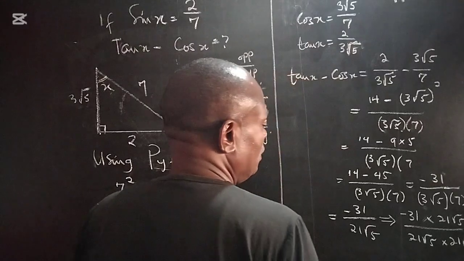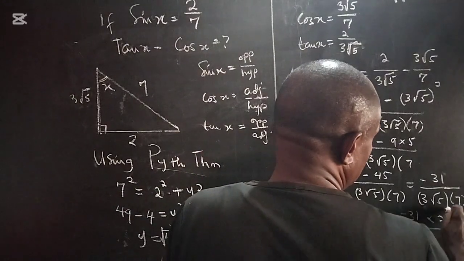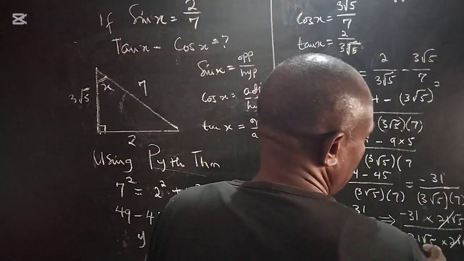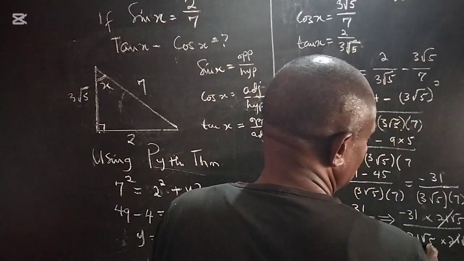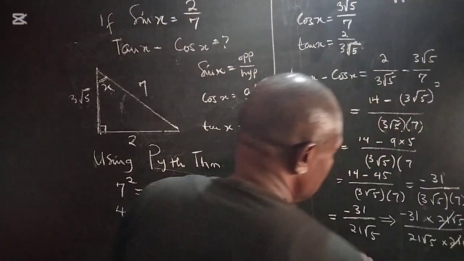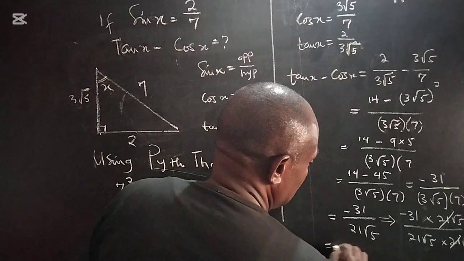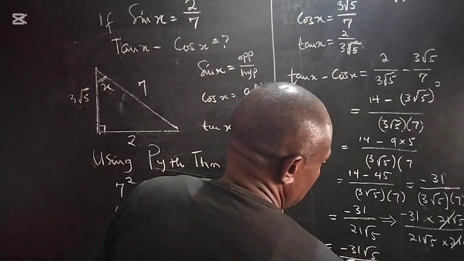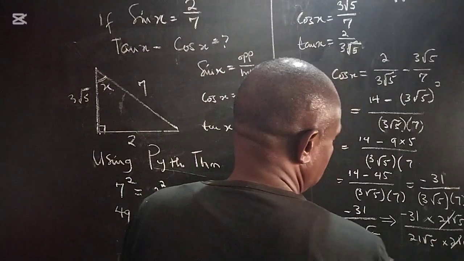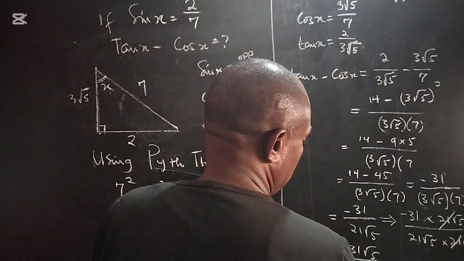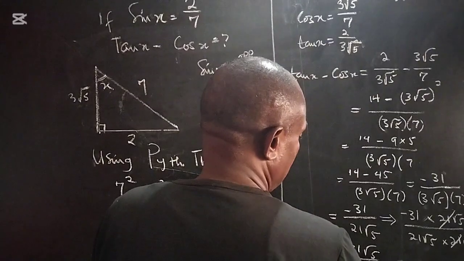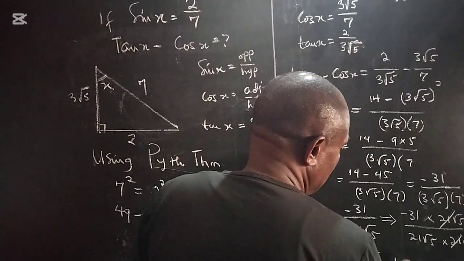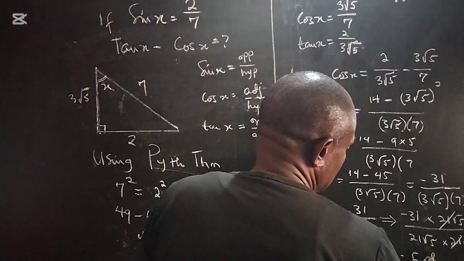So this 21 we cancel this 21, and then we have square root of 5 times square root of 5. That's going to be 5. So the result finally is going to be minus 31 square root of 5 divided by 21 times 5, that's going to give us 105. And this is the result in solved form, remember. So this is in solved form.